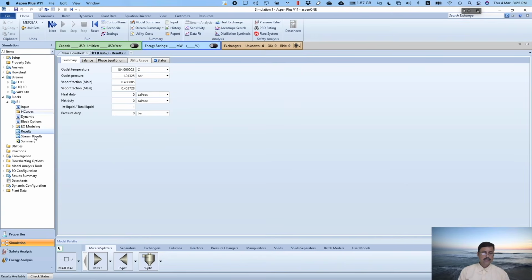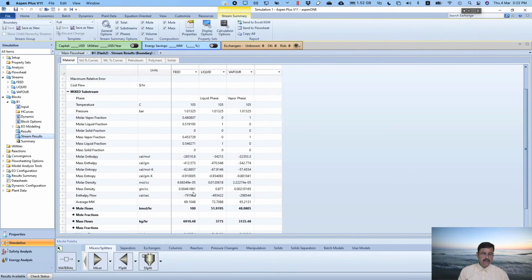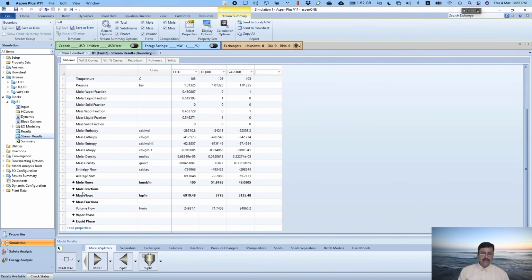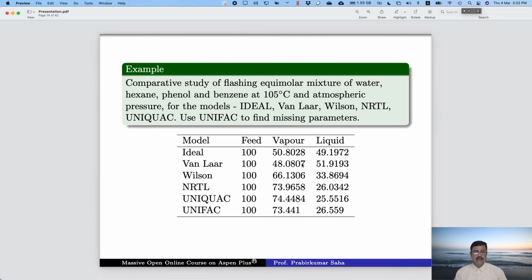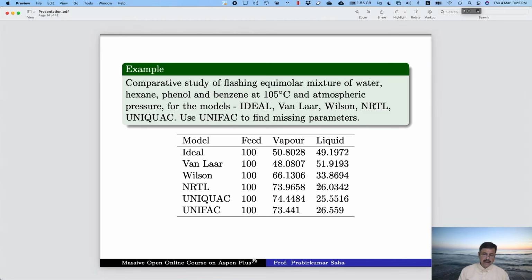Yes, so we have got the stream results. The molar flow rate, vapor is 48.08. So this is using Van Laar. Liquid is 51.91. So using Van Laar, it has reduced from 50 to 48.